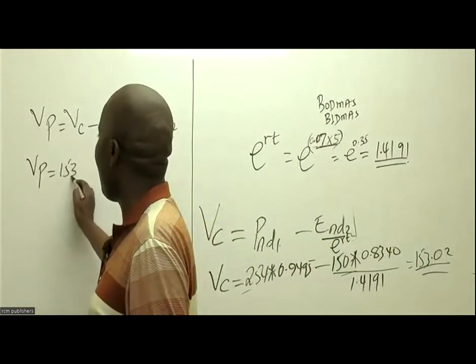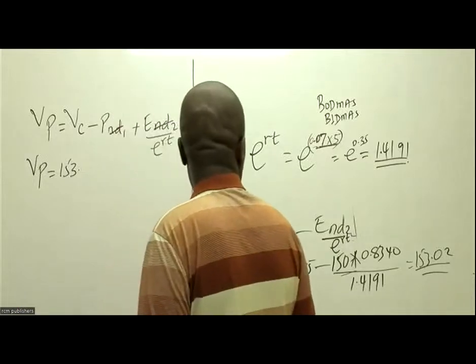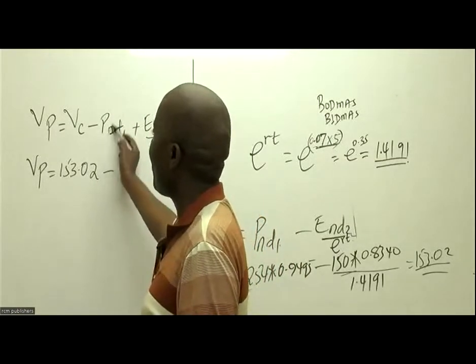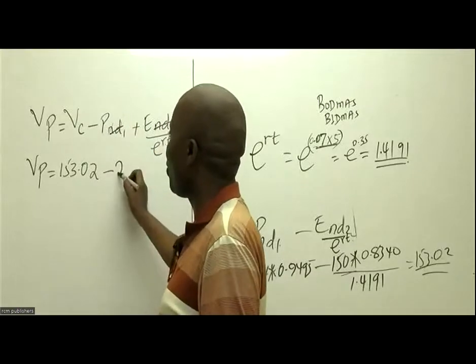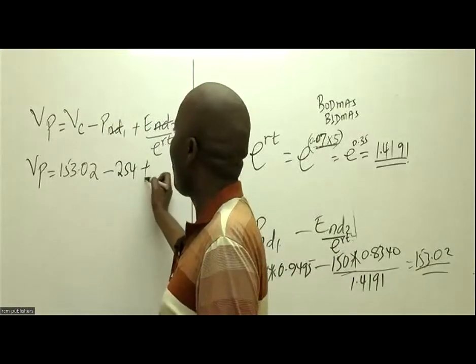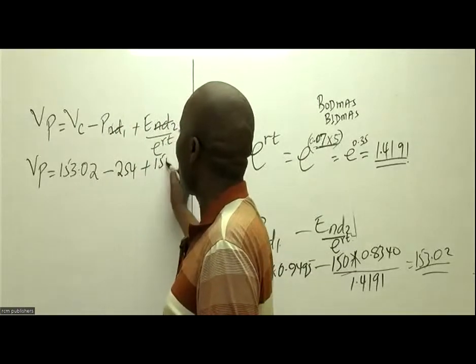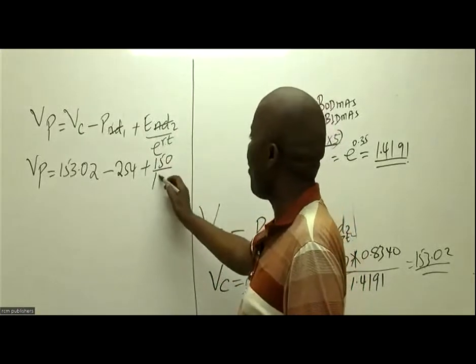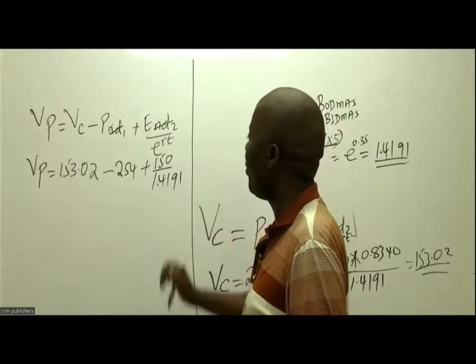So this will be 153.02 minus the present value. This was the spot value, which was 254, plus the exercise, which is 150, all over this ERT thing, which is 1.4191, with a decimal there.